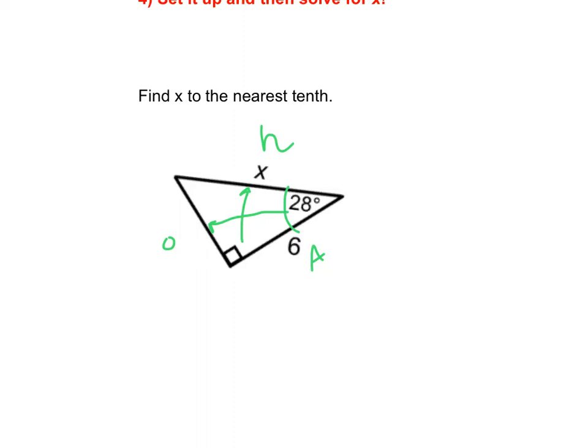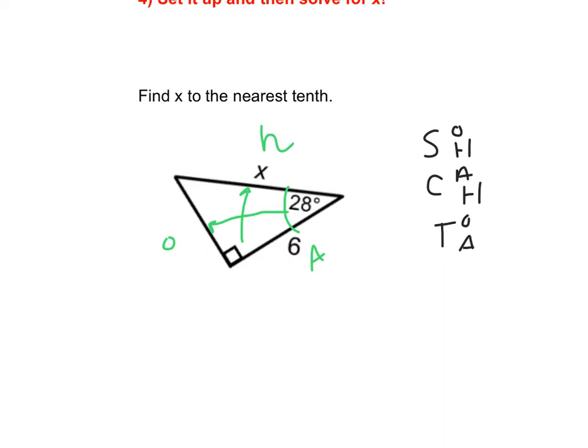So when I'm doing this question now, the next thing we want to do is figure out what we have information about. So we identified our reference angle. Step 1, it's 28 degrees. We now need to figure out if it's sine, cosine, or tangent. So one thing I like to do with every single problem is I like to write down SOH CAH TOA.